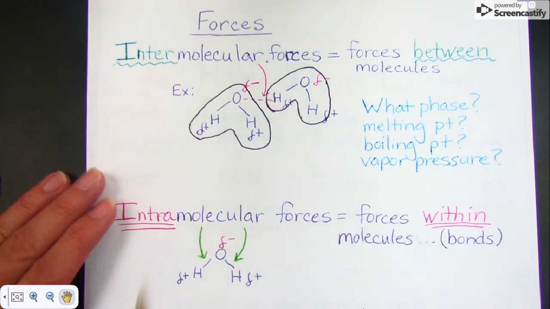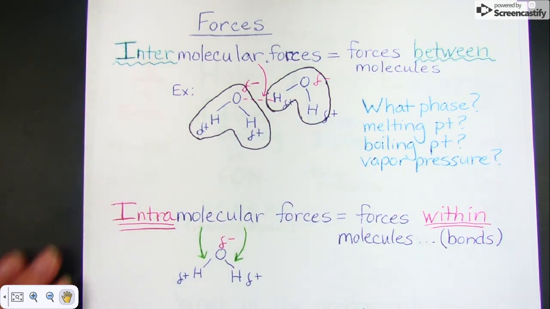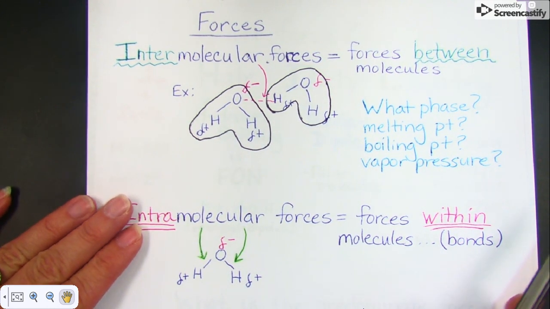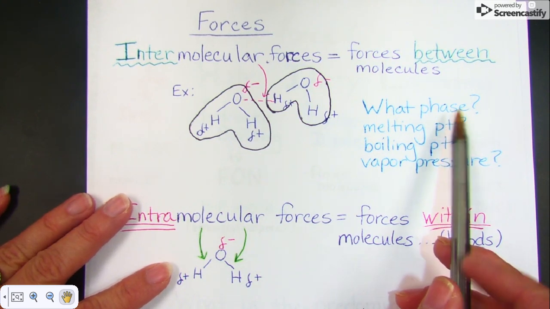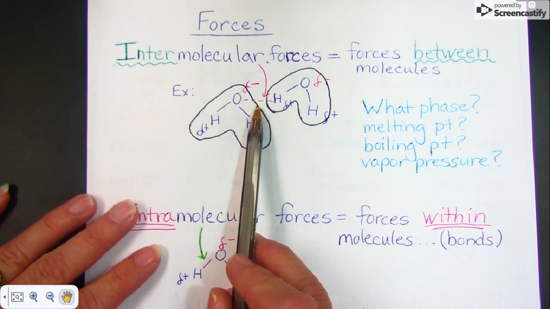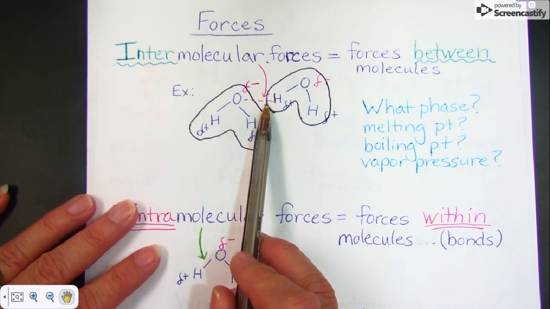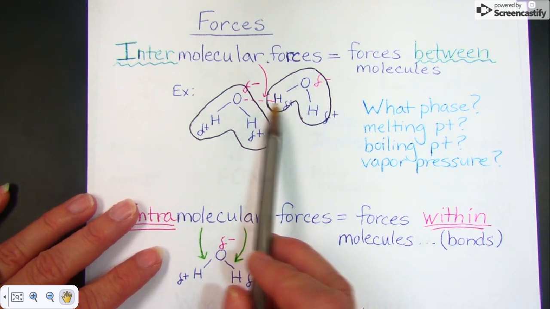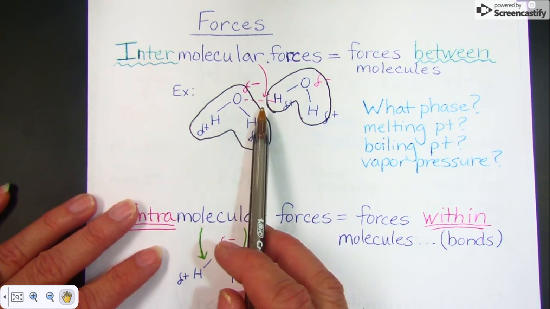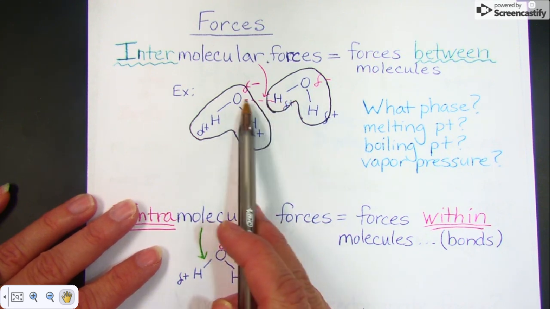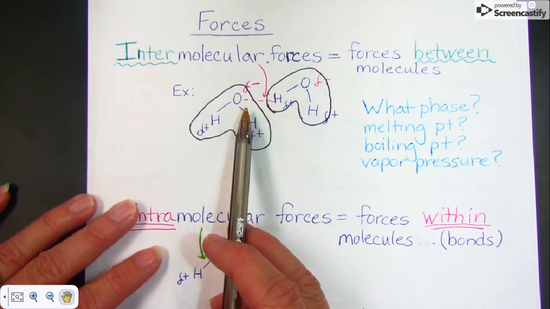Now, what does this matter to us? It basically tells us what kind of phase it might be in. If intermolecular forces are really weak between the molecules, we most likely have a gas because they're not held very tightly. If they're very close and strong, that means we probably have a solid.